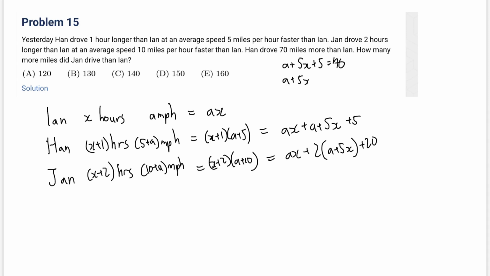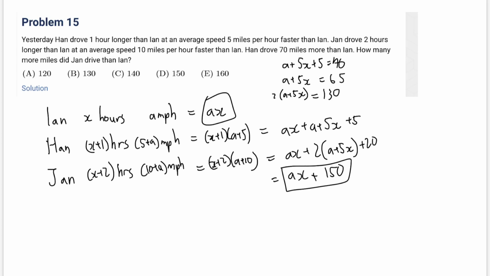A plus 5X equals 65. So 2 times (A plus 5X) equals 130. So this would be AX plus 130 plus 20, so it's AX plus 150. And so how many more miles did Jan drive than Ian? So this is AX plus 150 and AX. So he drove 150 more miles. The answer is D.